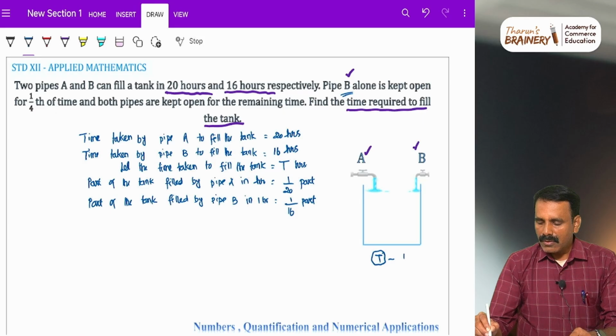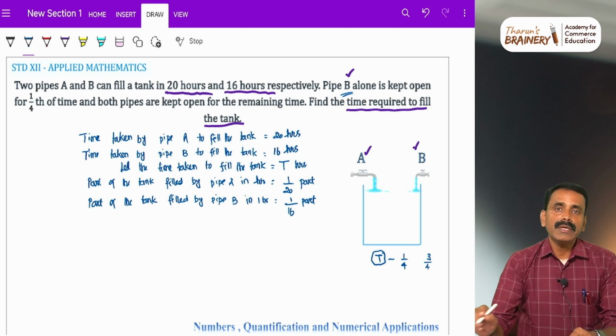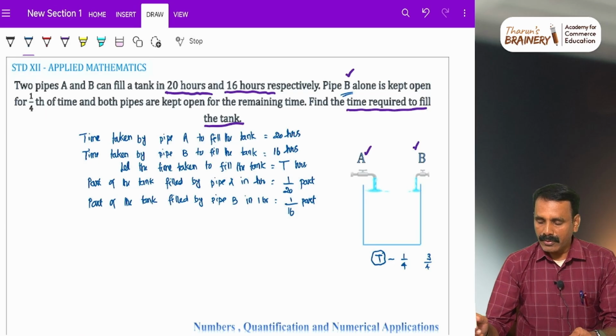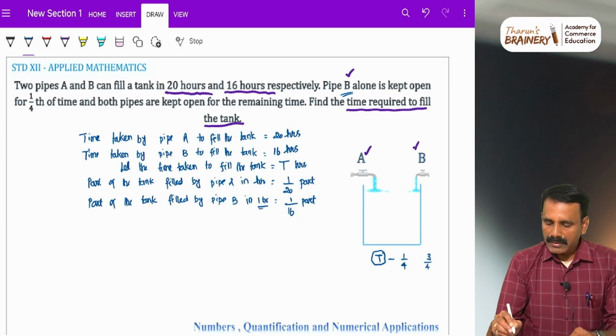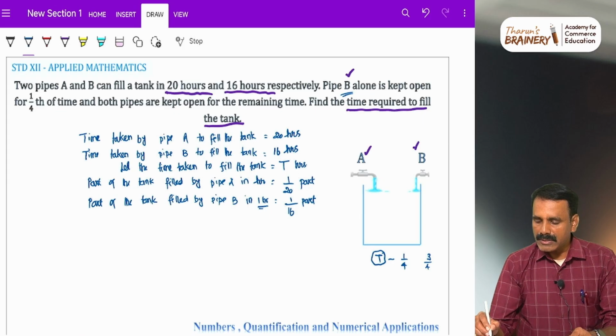One is 1/4 of the time in which we are going to operate only pipe B, and the remaining 3/4 of the time we are going to operate both the pipes. So the pipe B is going to operate for 1 by 4 of T.